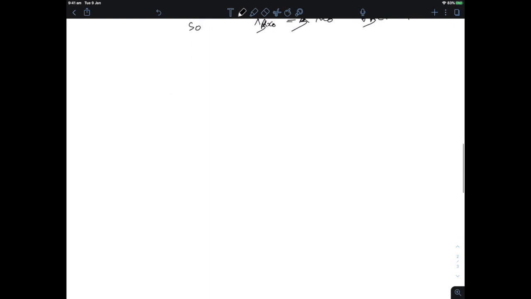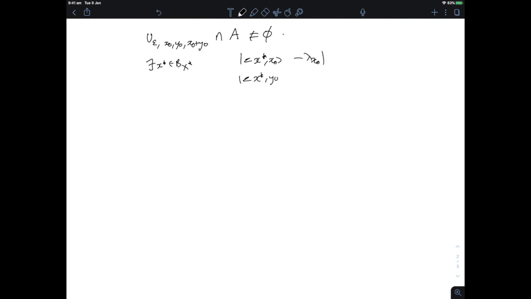So what you do is that you say that U epsilon of x naught, y naught, and x naught plus y naught, that's another open set in R to the X that contains lambda, has to intersect A, because lambda is in the closure of A, and so you can pick an x star in B of x star such that x star x naught is close to lambda x naught, x star y naught is close to lambda y naught, and x star of x naught plus y naught is close to lambda of x naught plus y naught.